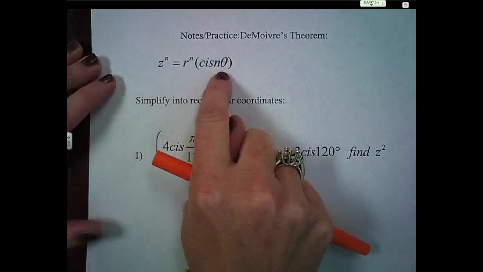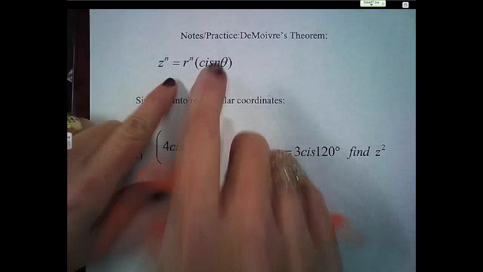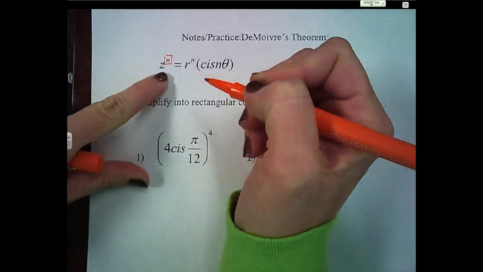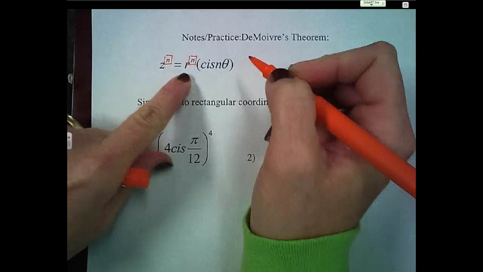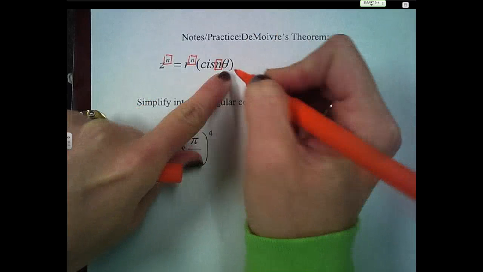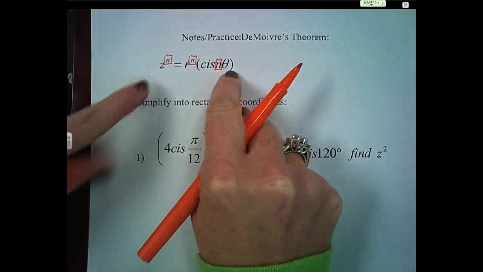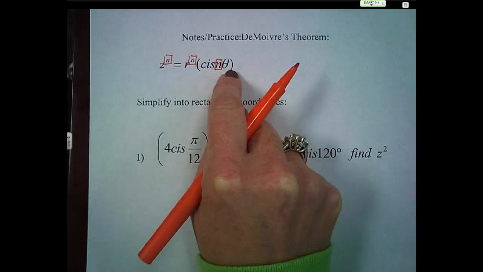Rather than writing it out 4 times or 10 times or 7 times and FOILing it, whatever exponent this is, let's say it was 5, then you take r to the 5th power and you take 5 times your theta. So you have to get it in CIS form first, and once you apply it, you can turn it back into rectangular form.